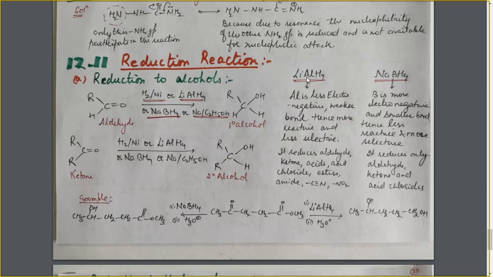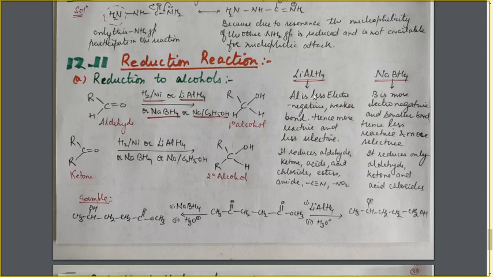Here the aluminum is the central atom and it is attached to 4 hydrogen atoms. Here the boron is attached to 4 hydrogen atoms. Aluminum is less electronegative and larger in size, and because of larger size the aluminum hydrogen bond is a weaker bond. As a result, this species can easily lose the H negative ion for the reduction purpose.